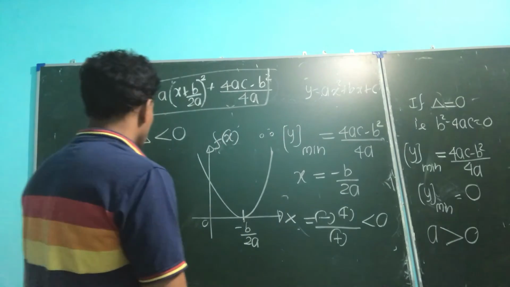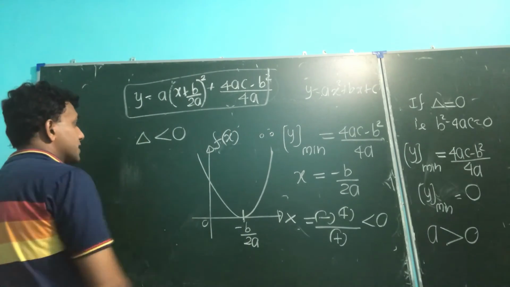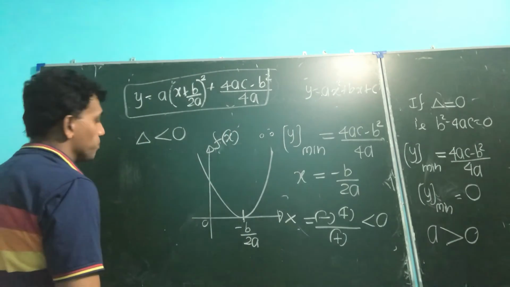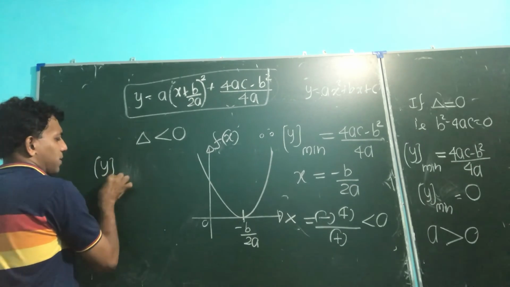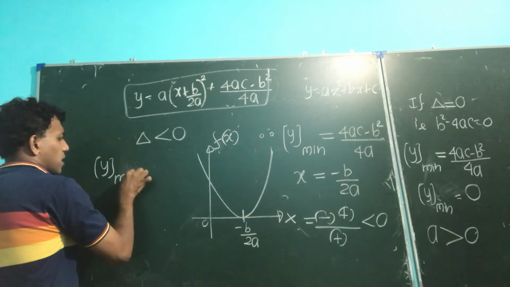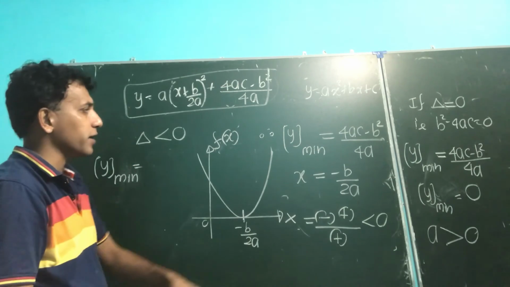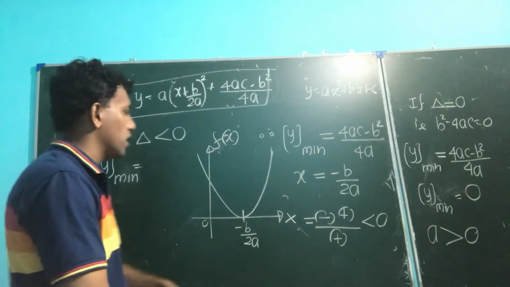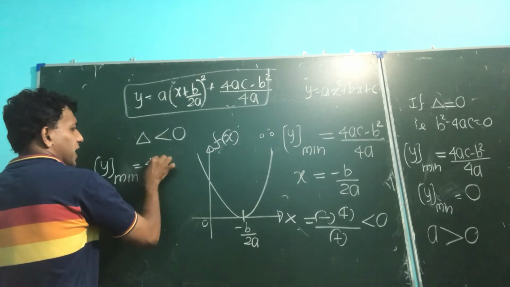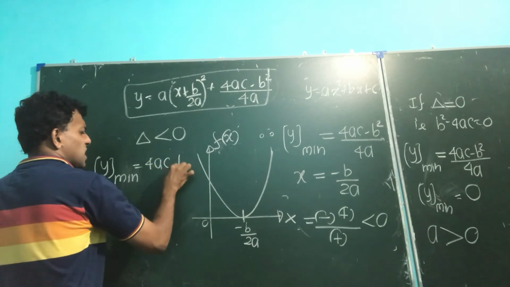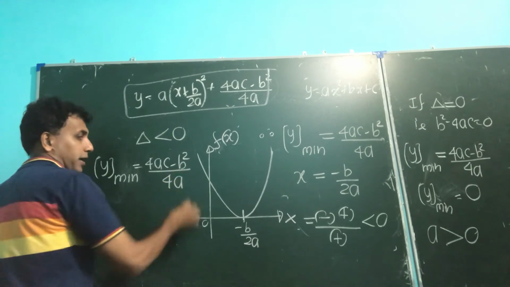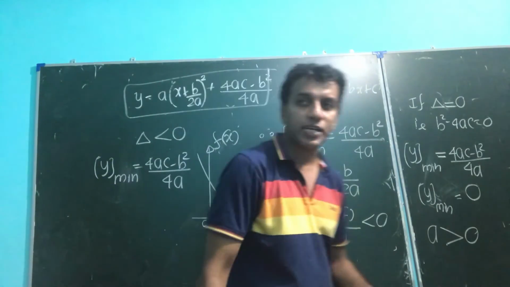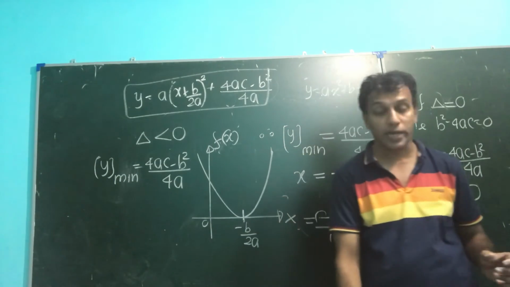Okay. Next, type C. If delta less than 0, see what happened. What is y minimum? You know the general formula: 4ac minus b square over 4a.